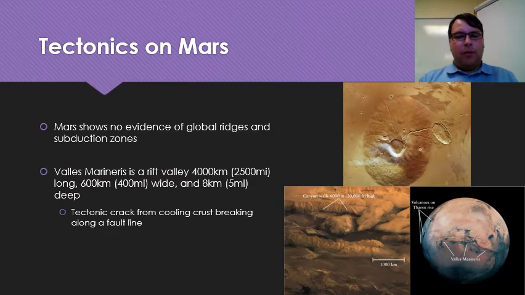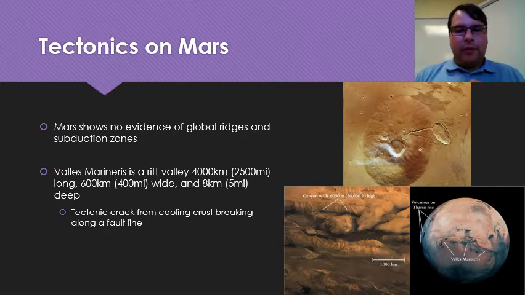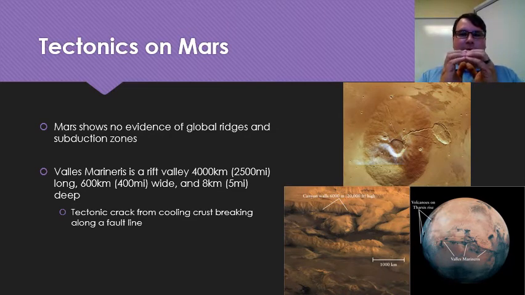And if we look specifically at one region, it's called the Valles Marineris. As we look at this particular region, it is essentially like a giant scarp. It's a fault line, if you will. It's a tectonic crack. And so this crack is actually the length of the United States, give or take, and it's cracked so greatly that in some regions from top to bottom it is 5 miles in depth.